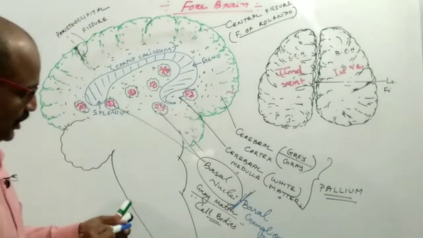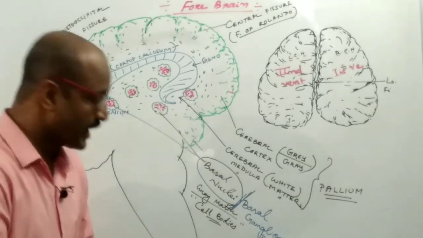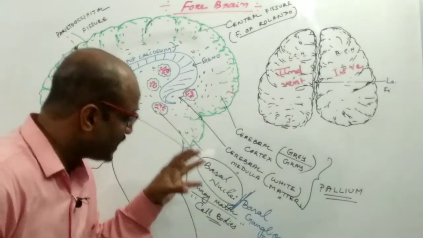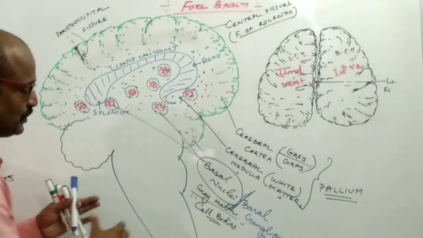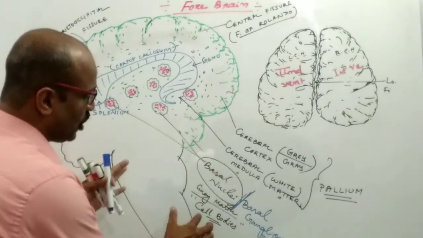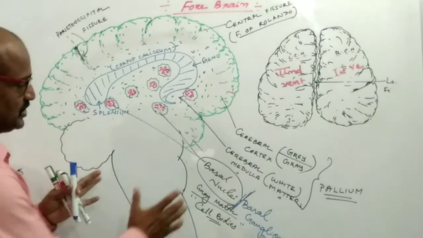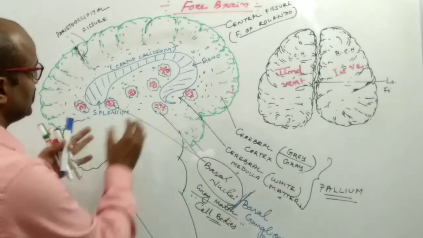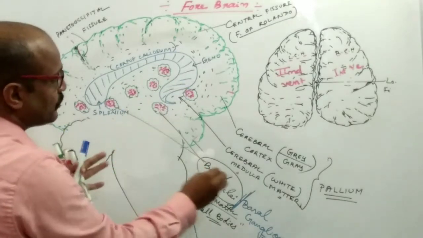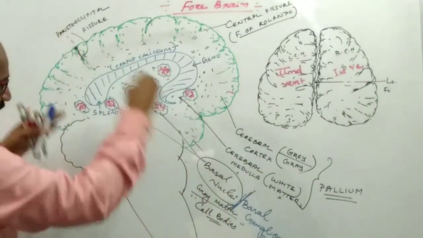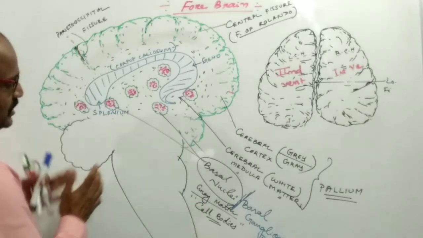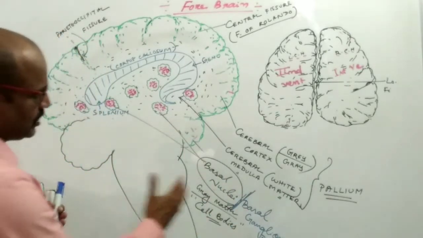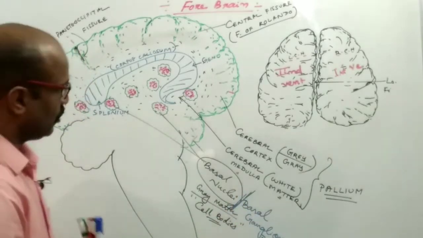So basal ganglion may contain a number of basal nuclei. The basal nuclei are made up of clusters of cell bodies. The basal nucleus is a cluster of cell bodies, or an isolated patch of gray matter inside the white matter, and these are known as the basal nuclei or the basal ganglion.